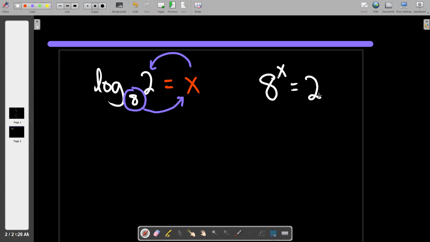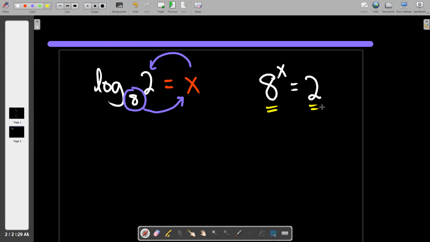Now, the only thing left for me at this point to do is make my bases the same. And thank goodness we've got good basic skills, because my bases are 8 and 2. What I need to know is, can I make them both into quantities of the same base? What is 8?